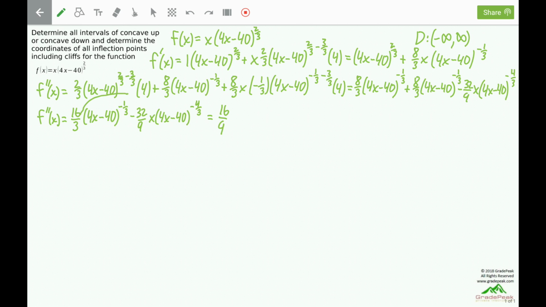There are also powers of 4x minus 40. We want to factor out the lower power, and that'll be the negative 4/3. It's lower by being more negative. So (4x minus 40) to the negative 4/3.